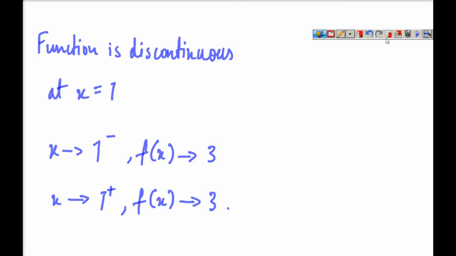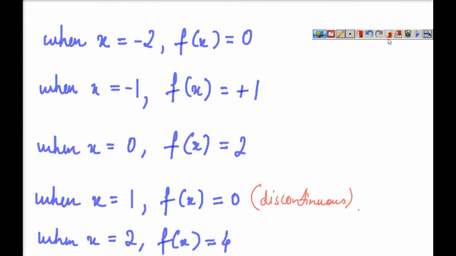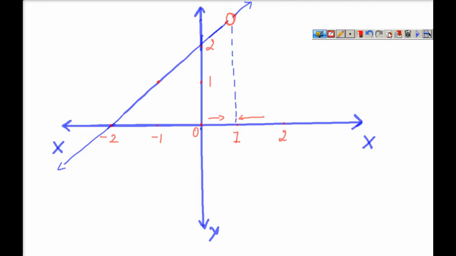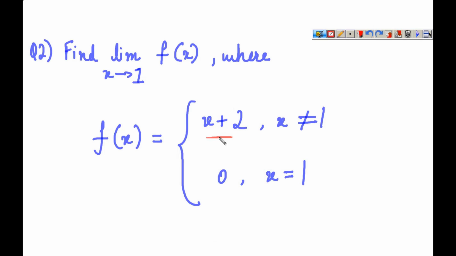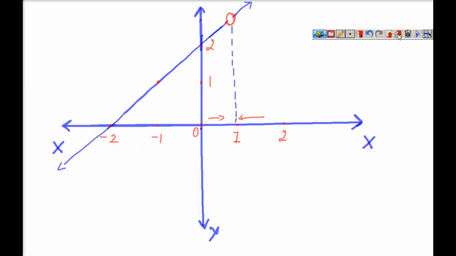That means we are not putting x equals 1, but it's approaching 1. So we can use the function for x not equal to 1. That means 1 plus 2 is 3. So 3 is here.